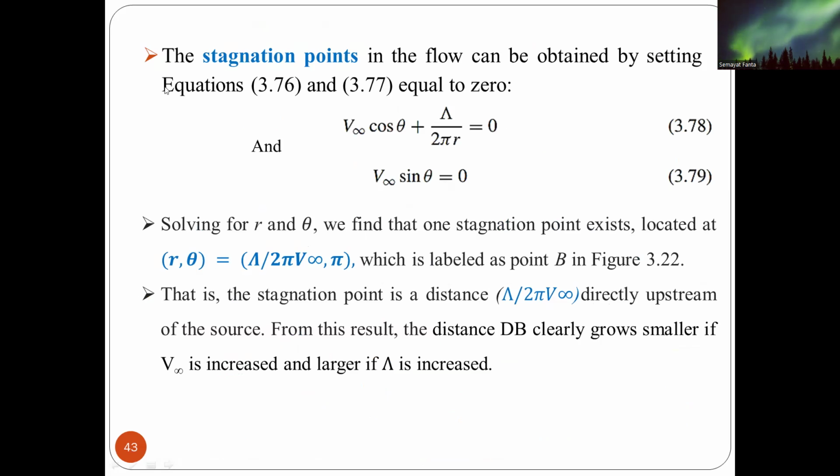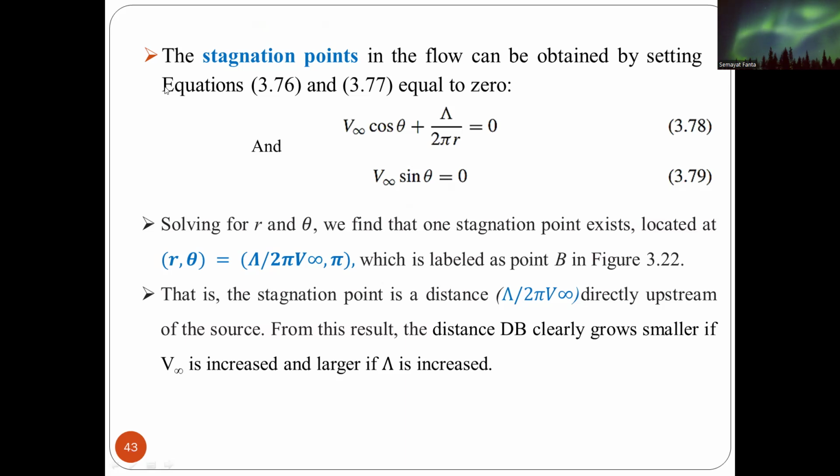A stagnation point is a point in the flow field with zero velocity, which can be obtained by setting equations 376 and 377 equal to 0.